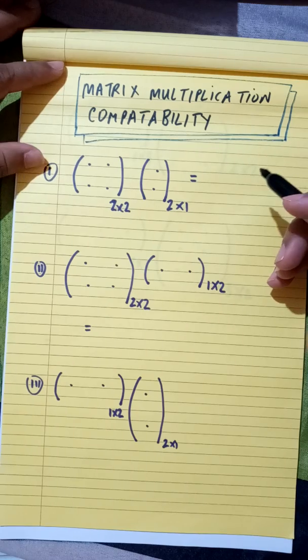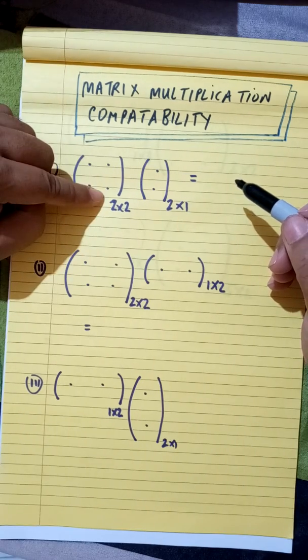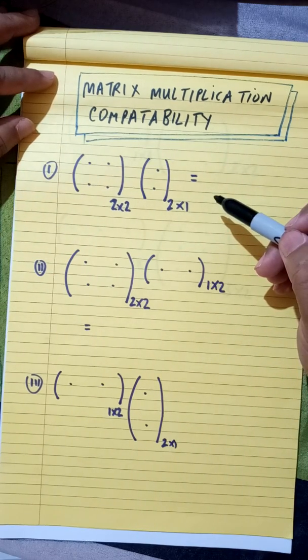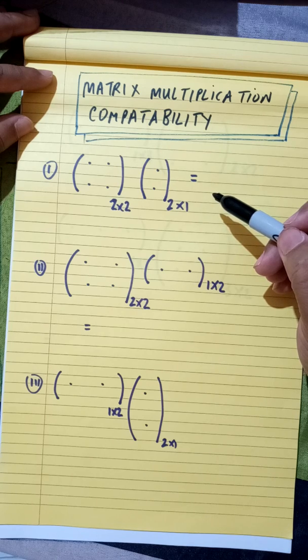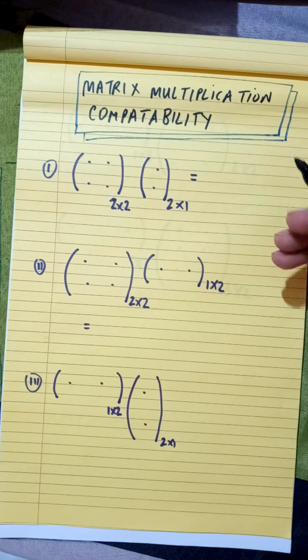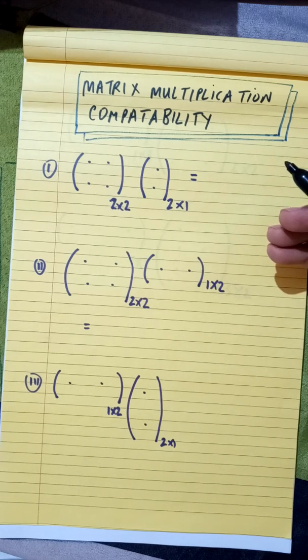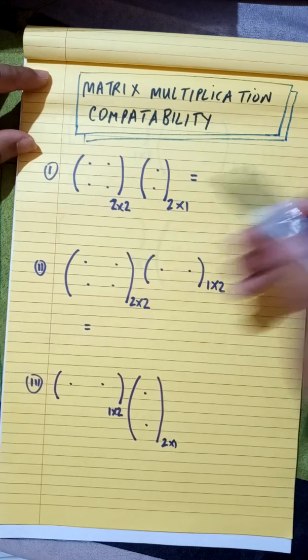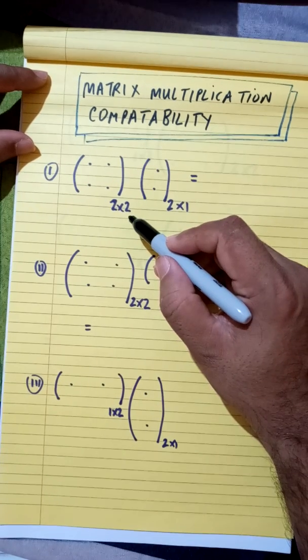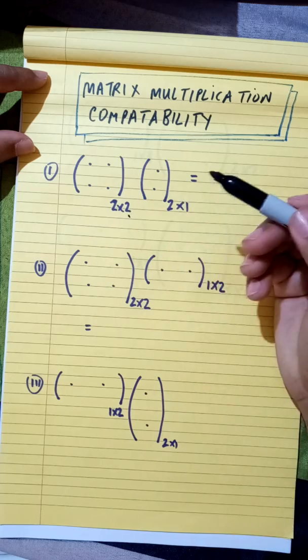Let us say we have a 2 by 2 and a 2 by 1 matrix. How do we know that these two matrices are compatible? It's very simple. All you need to do is look at these two numbers.